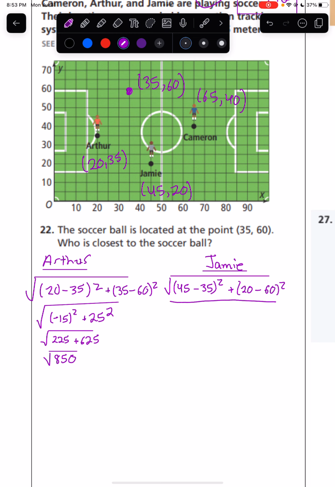So when we simplify all that, that's going to become 10 squared plus, actually negative 40 squared. And then that's going to give us 100 plus 1600, which gives us the square root ultimately of 1700.